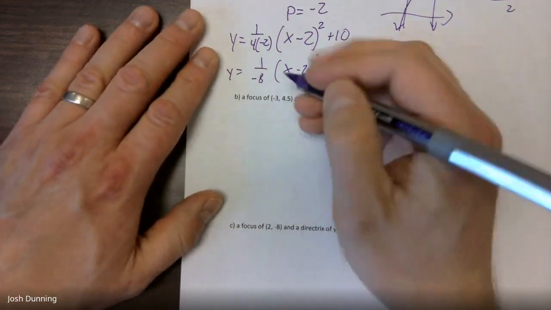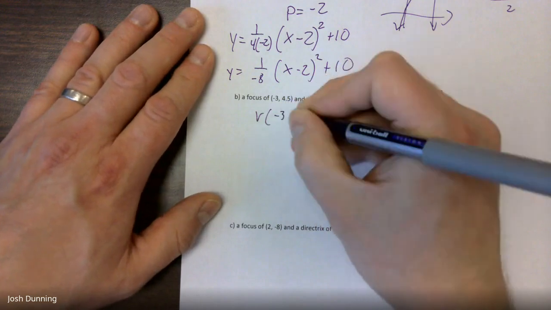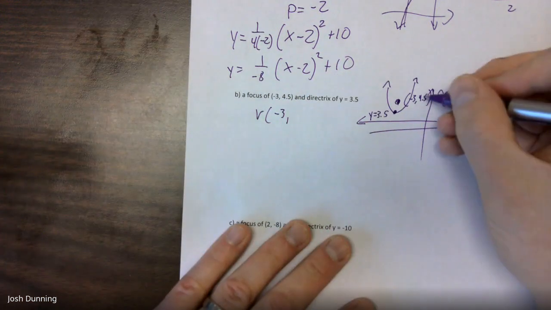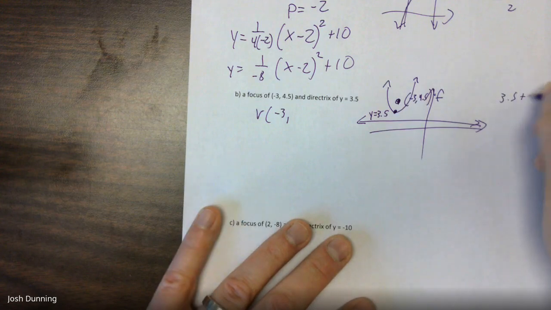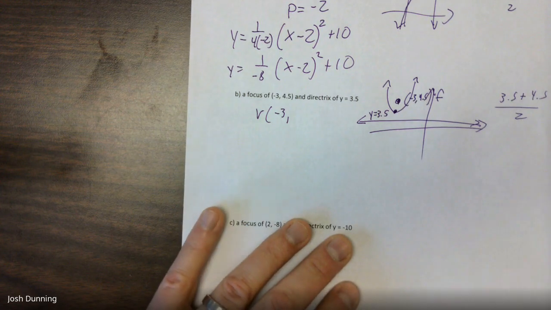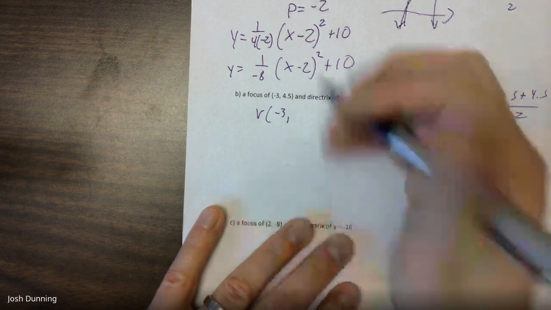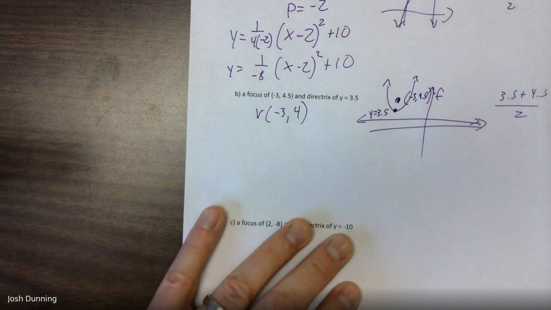So our vertex didn't move over at all. Right in the middle of 4.5 and 3.5. Again, if you need to average them, it is 4. Right in the middle of 3.5 and 4.5 is 4.